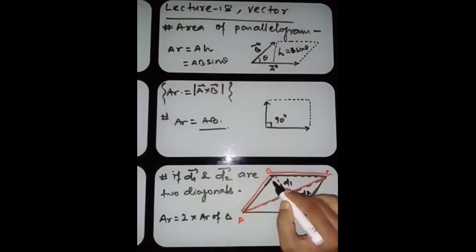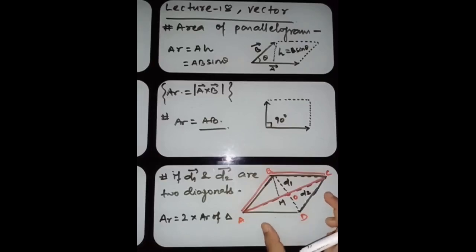Any one triangle we will keep here. I am drawing the perpendicular of this triangle. Let me write this as M, so BM is the perpendicular. Two diagonals are given, I'm very sorry. Suppose one diagonal is this one and the other diagonal is this one, and the angle between these two diagonals is this theta.